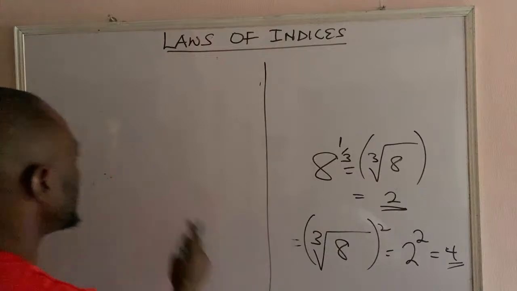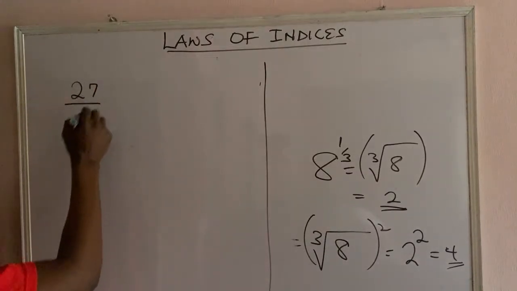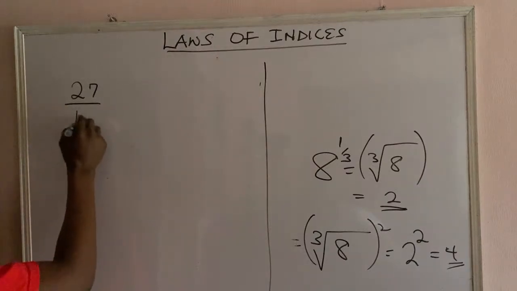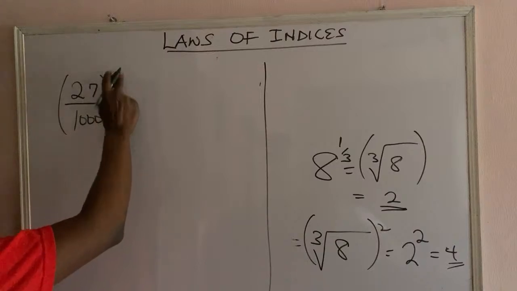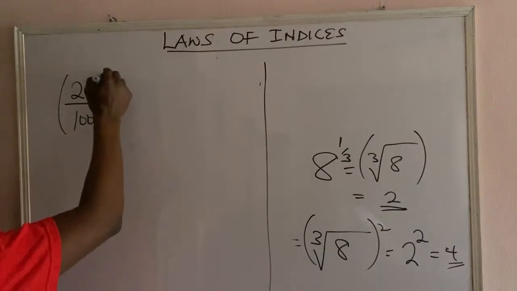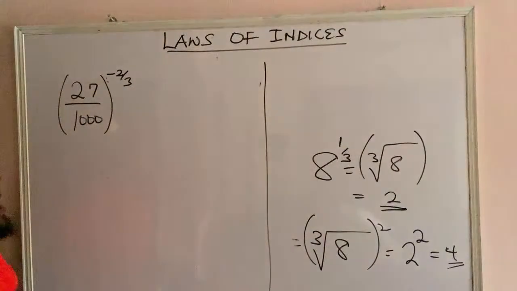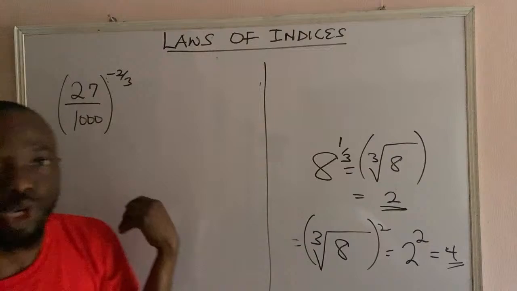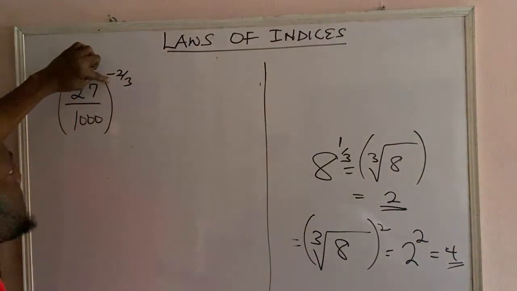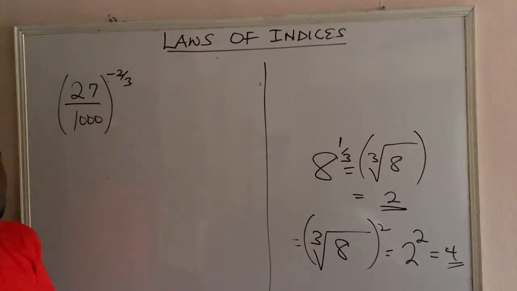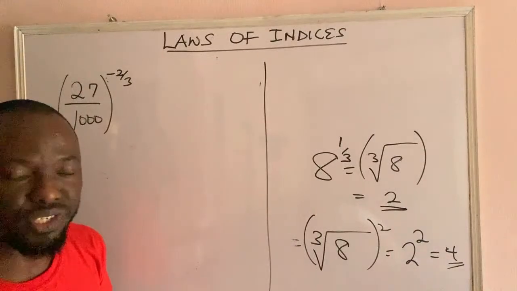Now, let's say we have 27 over 1000 to the power of 2/3. Okay, let me use negative 2/3. Now, if you look at this, you can see that there are two laws in this question: the negative and the fractional power. I told you that the negative power has two conditions.